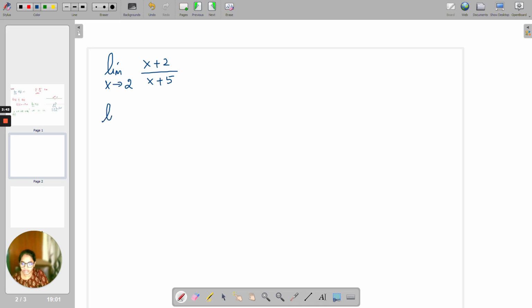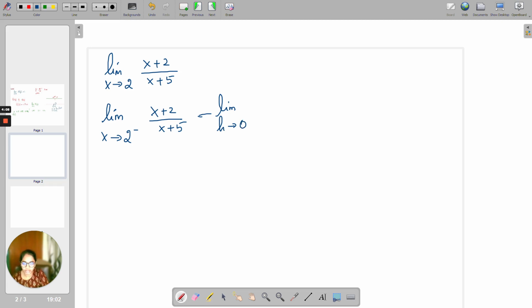To find the LHL, I would write limit x tending to 2 minus. I have x plus 2 divided by x plus 5. In the place of x, I am changing this to h, h tending to 0.